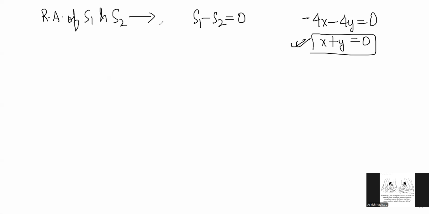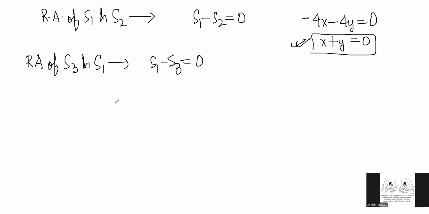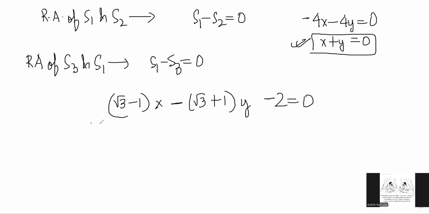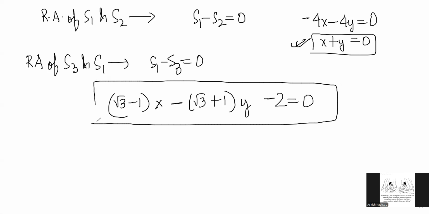The radical axis of S3 and S1 becomes S3 minus S1 equal to 0, and it will start looking like this: root 3 minus 1 times x minus root 3 plus 1 times y minus 2 equal to 0. You should subtract the two equations and check. This is my two radical axes.